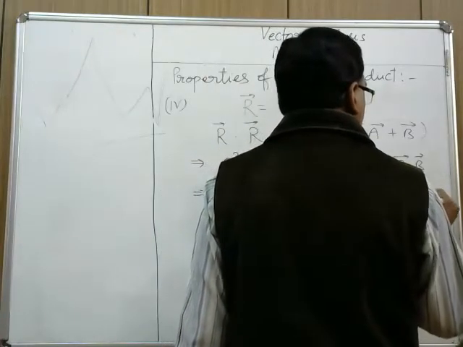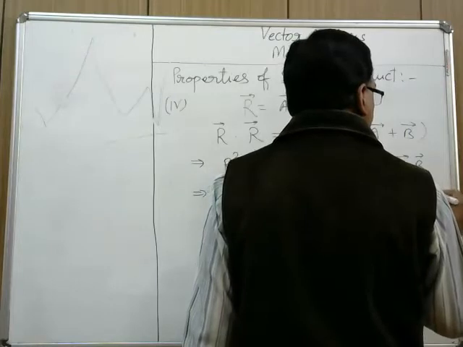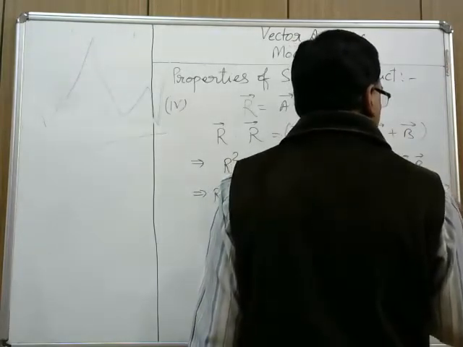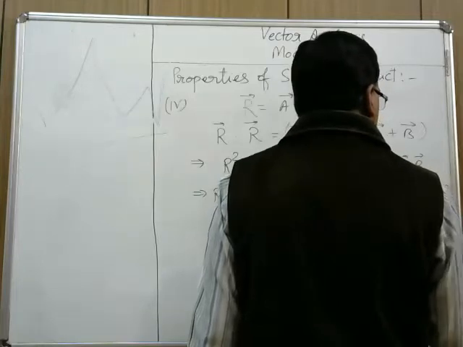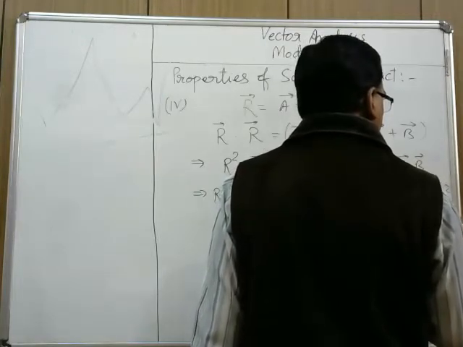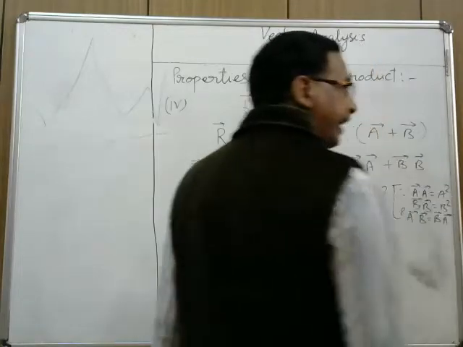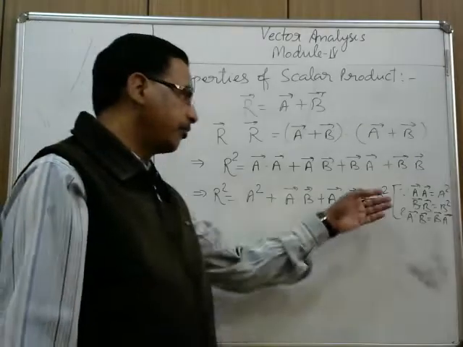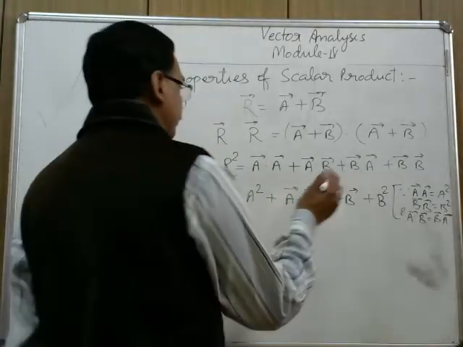Since A dot A is A square, B dot B is B square, and A dot B equals B dot A, we have made use of different properties as shown here.